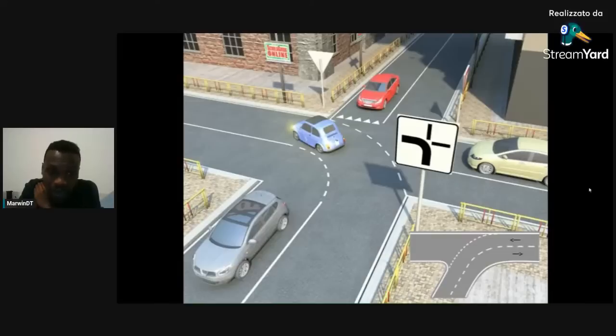In this case, we are talking about the red car and the yellow one. Is that clear? So the blue one is the one on the thick black line. So it is the lane which we consider as the main road, which has the right of precedence.